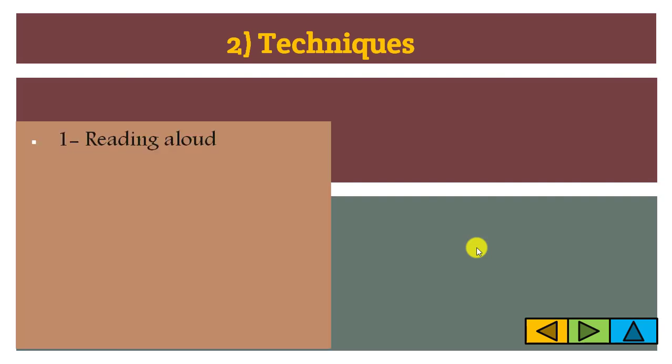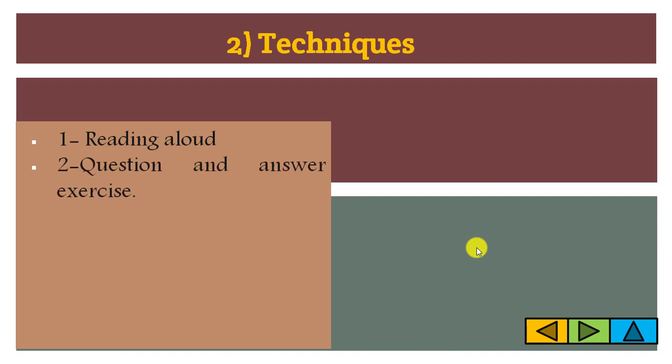Let's start with the first technique, reading aloud. So here students take turns reading sections of a passage, a play, or a dialogue out loud. After reading, the teacher uses gestures, pictures, realia or objects, examples, or other means to make the meaning of the section clear.